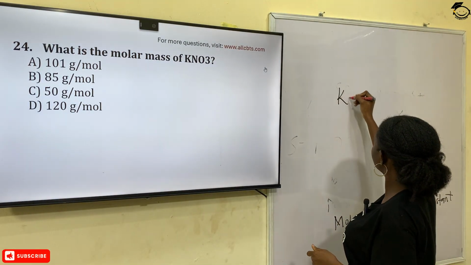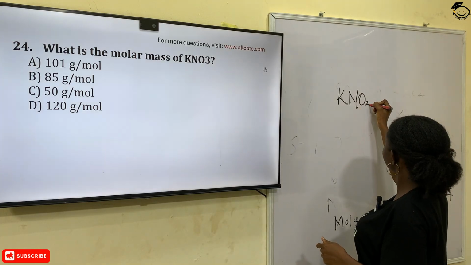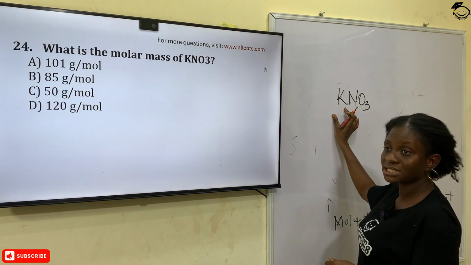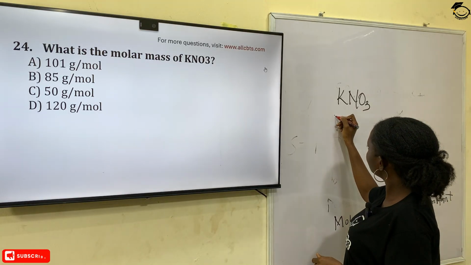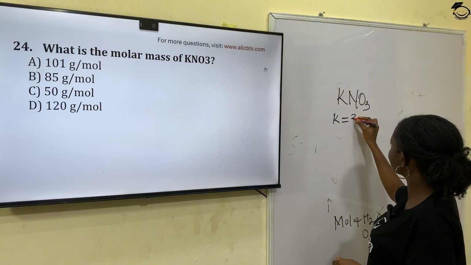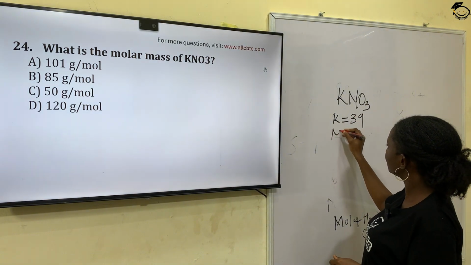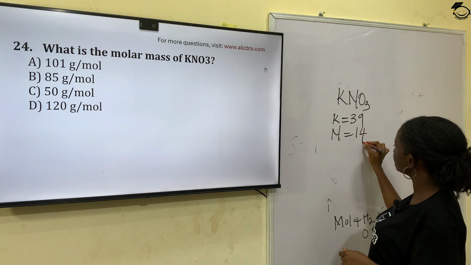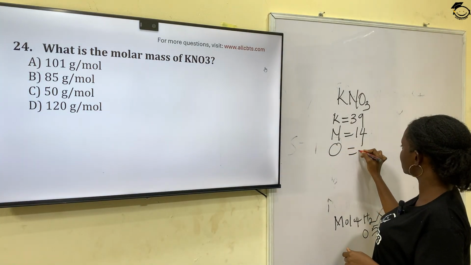So to calculate the molar mass of this compound, potassium nitrate, we have the atomic mass of potassium to be 39, nitrogen 14, then oxygen 16.